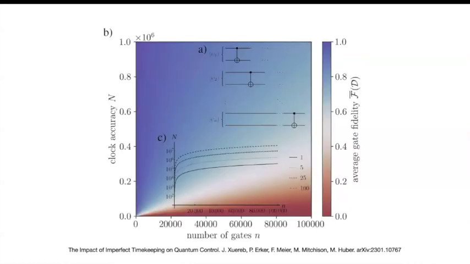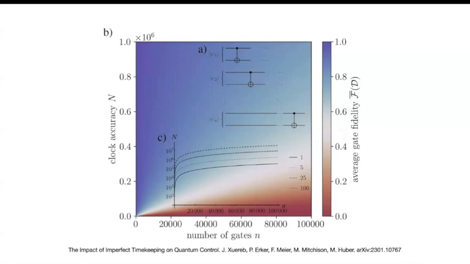Then we see that depending on the accuracy of the clock that we use to control this interaction, we limit the number of gates we can actually apply, given that we require a certain fidelity. We see this in this heat plot, where the color denotes the fidelity after the computation. So how near is my final state to the one that I actually wanted to produce? On the x-axis we have the number of gates, on the y-axis the accuracy.